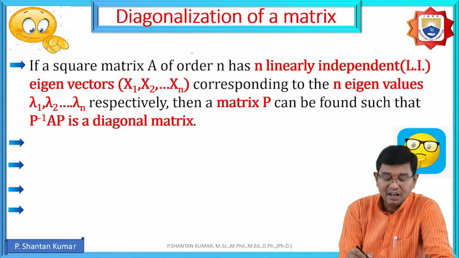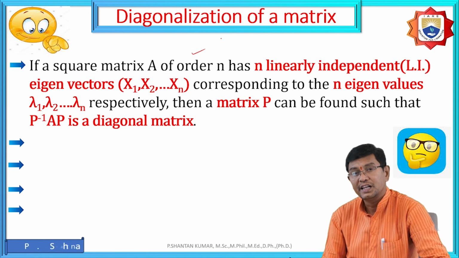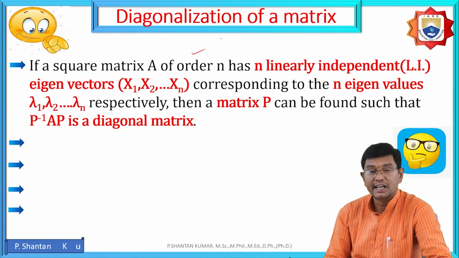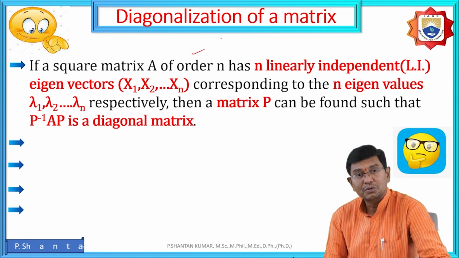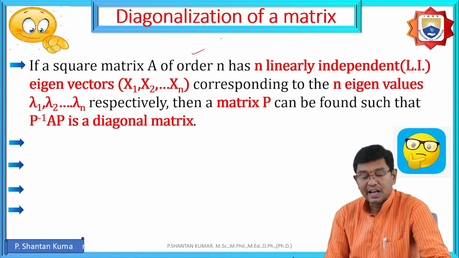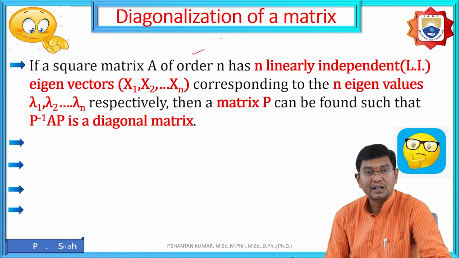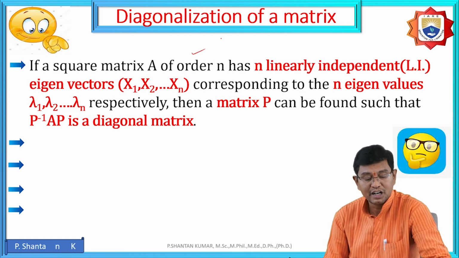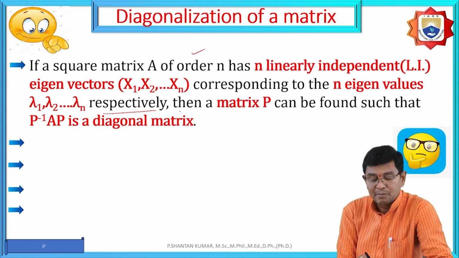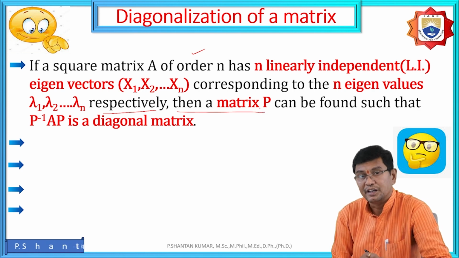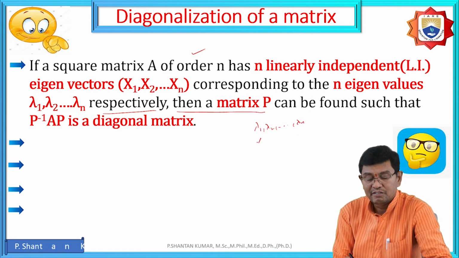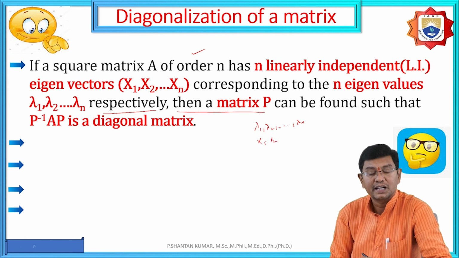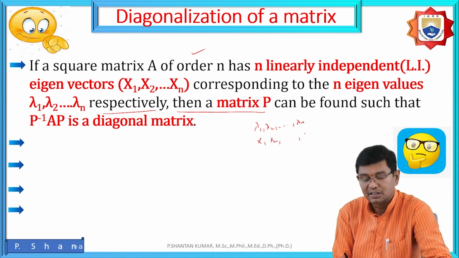If a square matrix A of order n has n linearly independent eigenvectors, treated as x1, x2 up to xn, corresponding to the eigenvalues lambda 1, lambda 2 up to lambda n respectively, then a matrix P can be formed. First we need to find the eigenvalues lambda 1, lambda 2, lambda 3 up to lambda n, and the corresponding eigenvectors x1, x2 up to xn.